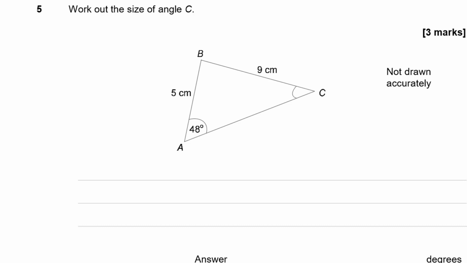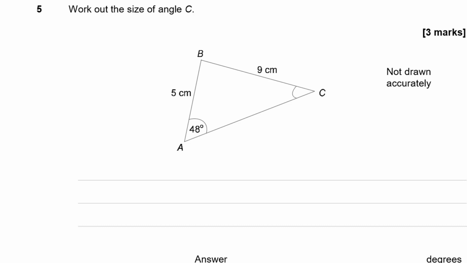So what are the clues? Well, you've got a non-right-angled triangle of which you know some sides and angles, and you need to work out some other sides and angles. That should tell you that it's trigonometry, and the fact that it's a non-right-angled triangle should alert you to it being either the sine rule or the cosine rule.